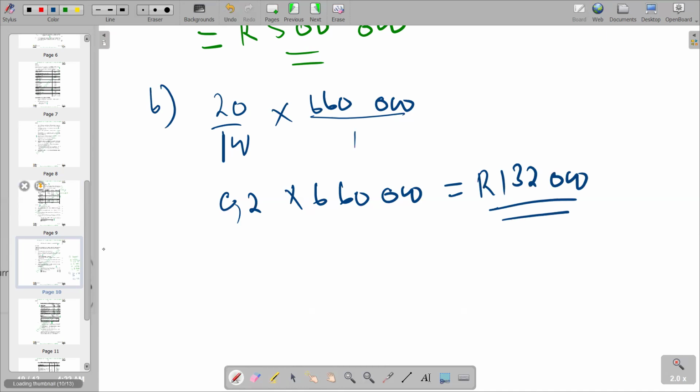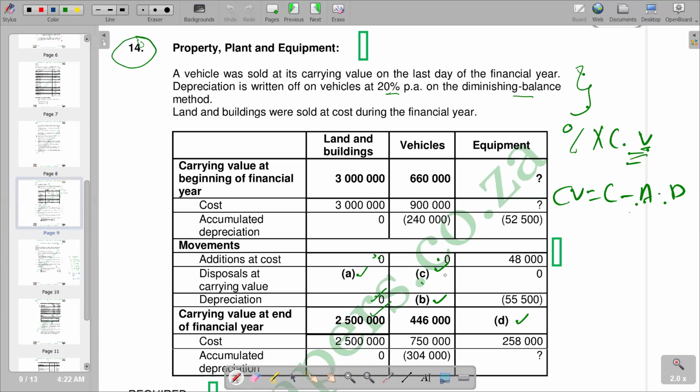And then we move on to the next one, which is our C. On C, we are seeing that it's now disposal at carrying value.